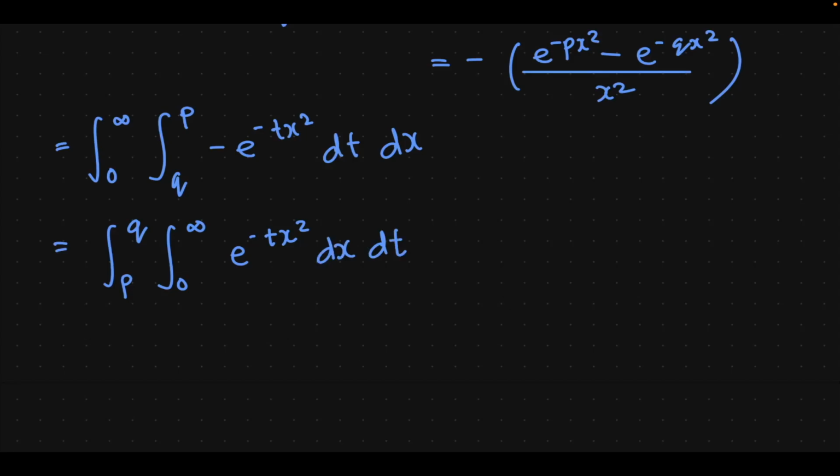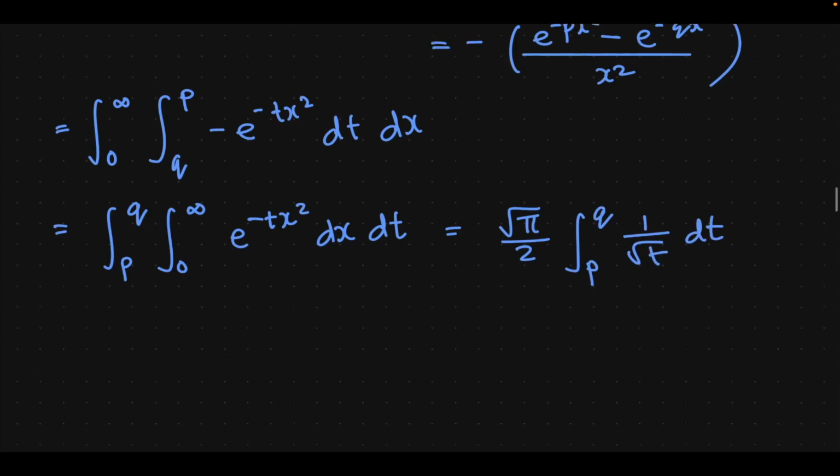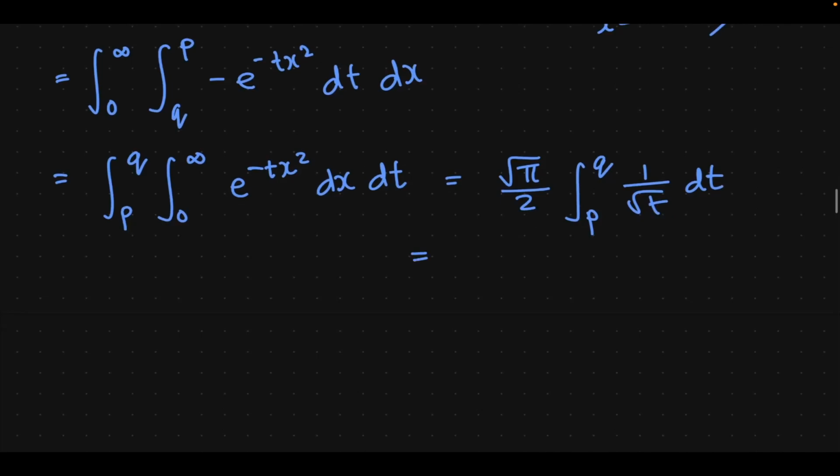When we integrate with respect to x, this is just a Gaussian integral. So that's half the Gaussian integral, so square root pi over 2, along with a 1 over square root t factor because we had a tx squared in the exponential. So integral p to q of 1 over square root t dt, which is very nice to integrate again.